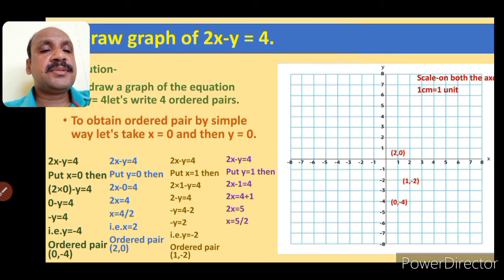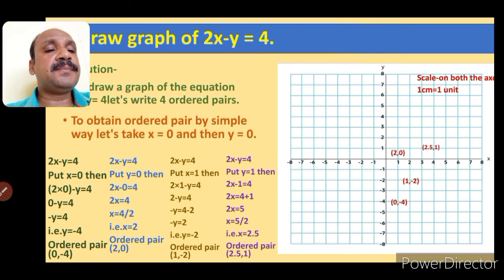Next, x is equal to 5 upon 2. That means x is equal to 2.5. Therefore, the ordered pair is (2.5, 1). Now we plot this point on graph paper. Here. Now these are the 4 points we find, and we plot these points on the graph paper.